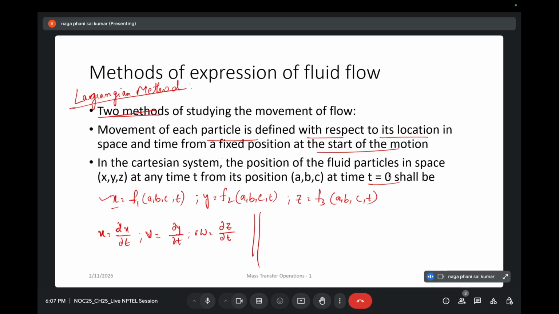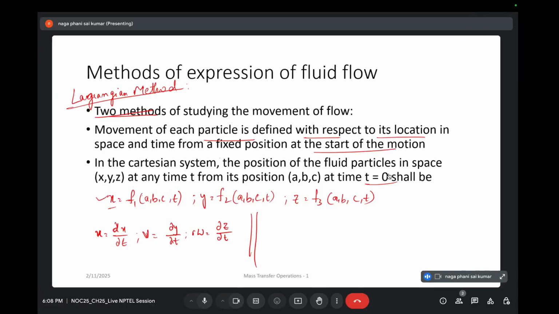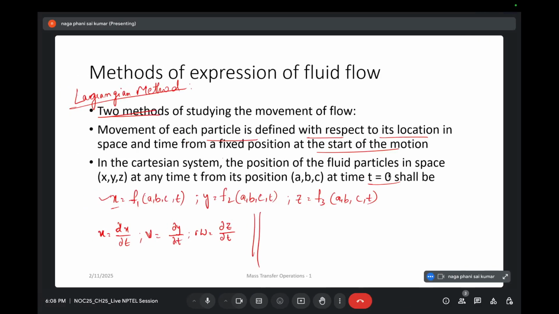So this is about velocity. We also have one more parameter, right? What is it? Acceleration of a body or acceleration of fluid. How do we express acceleration? It is going to be the differential of velocity, or you can also express it in terms of displacement, but here we have to take double differentiation.